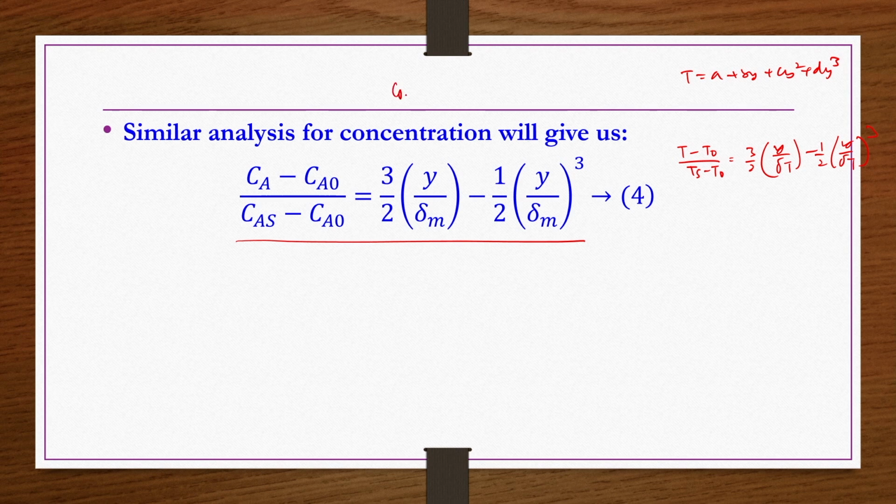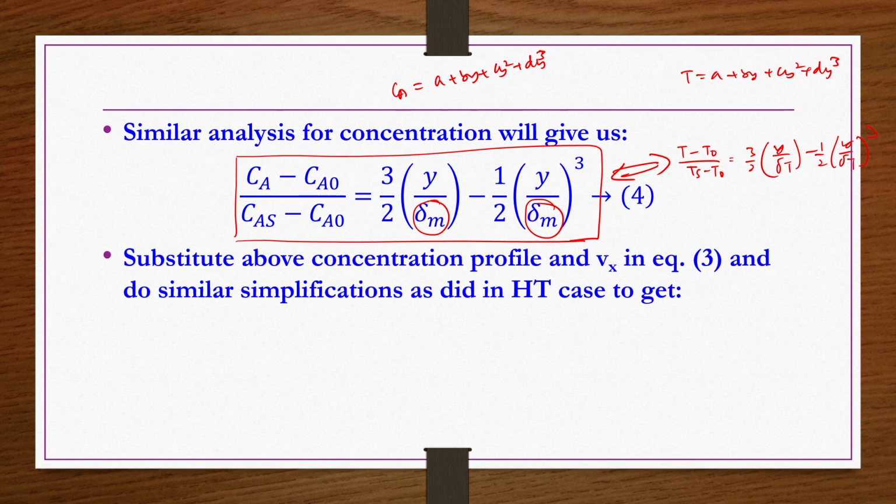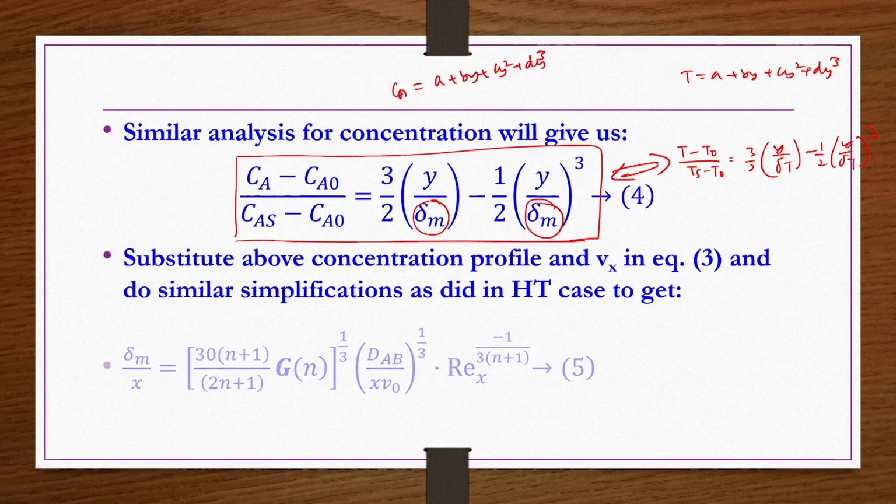Similarly, for the concentration also, if you take a third degree polynomial expression, that is CA equals A plus By plus Cy square plus Dy cube, and then apply the 4 boundary conditions, 2 at y equals 0 and 2 at y equals delta M, and then simplify, you get exactly a similar expression to the temperature profile, only that in place of delta T you have delta M and in place of T you have C.